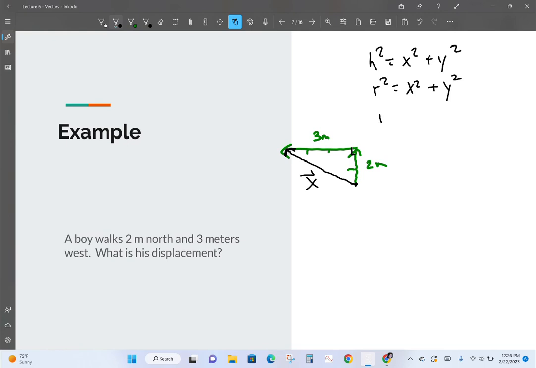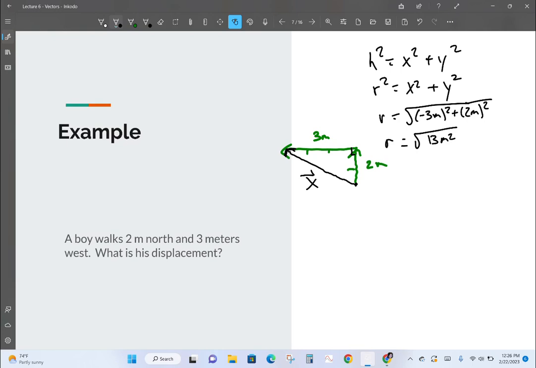So if I want to find that hypotenuse, it's going to be equal to the square root of negative 3 meters squared plus 2 meters squared. Notice that the negative is going to go away, so that's 9 plus 4, so it's the square root of 13 meters squared.